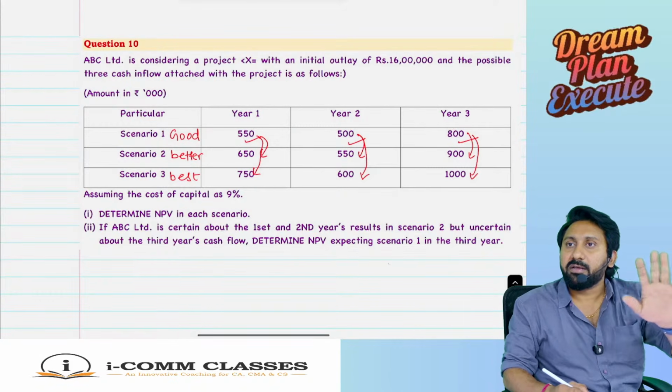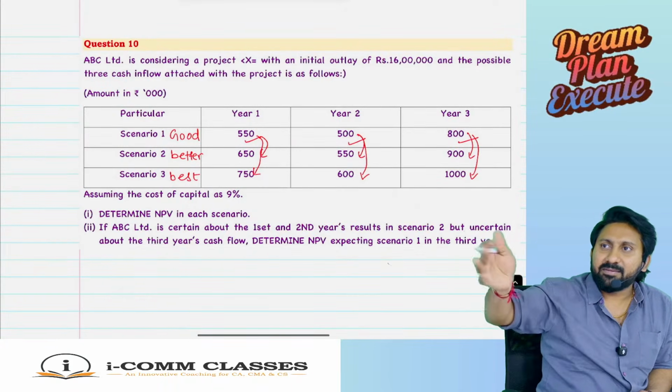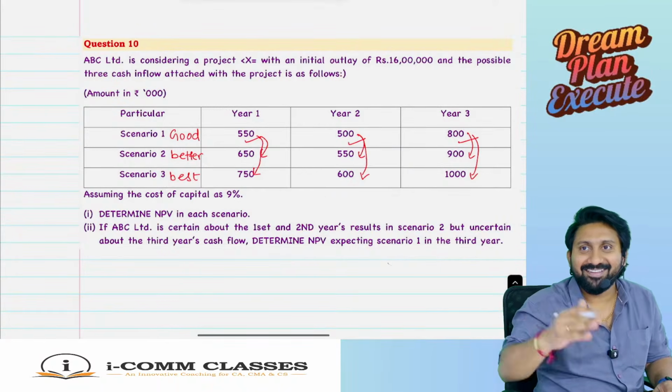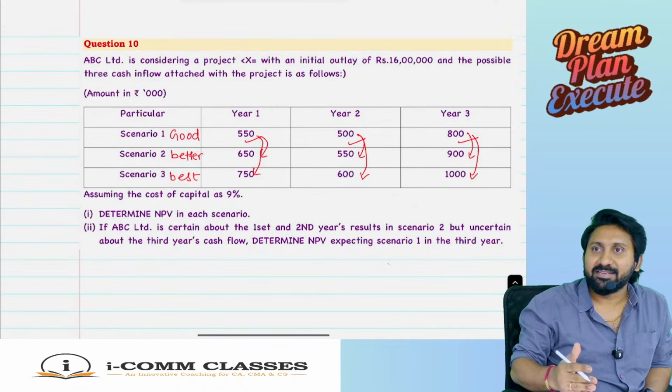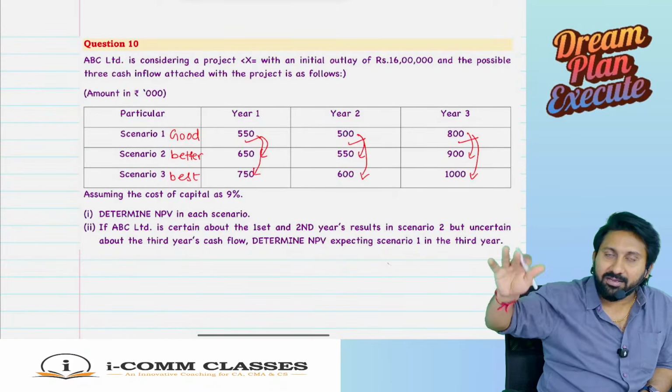Understood or not? If anyone has to come, ask them to come. Come. Fast. Still people are coming, huh? Ask them to come fast. No, then close.